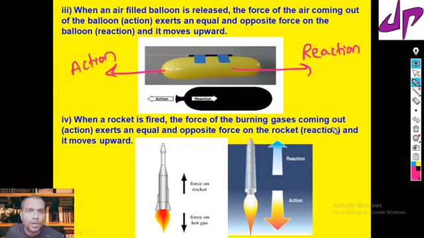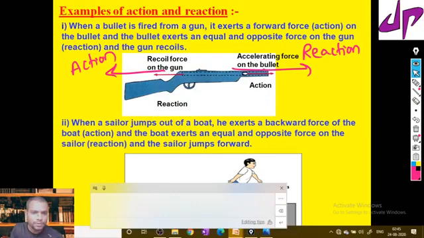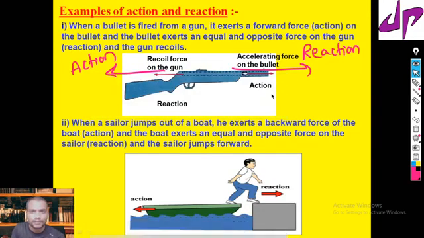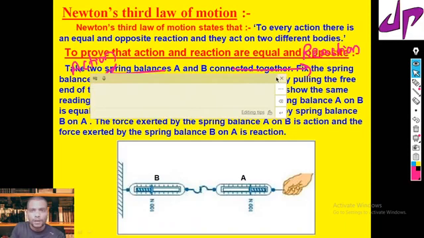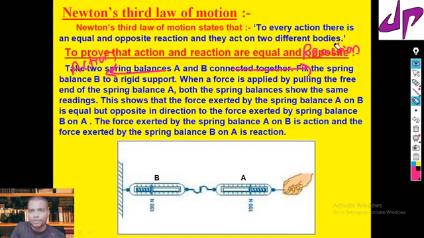So these all are examples of Newton's third law. The very first example, as we discussed, was the recoiling of a gun and pushing water, and now we need to talk about action and reactions.